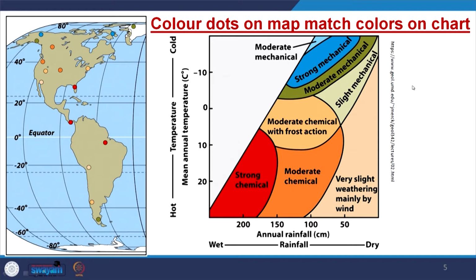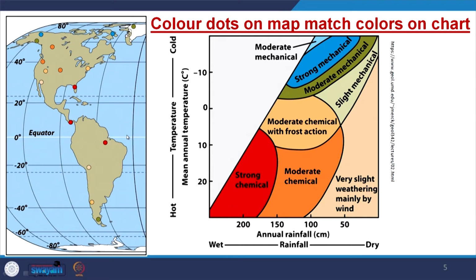Then these graphs, if we want to transfer them to the present day earth scenario, we can say these dots, the color of these dots, correspond to the color of this side figure. So, here you see strong chemical weathering in these regions, that means close to the equator.